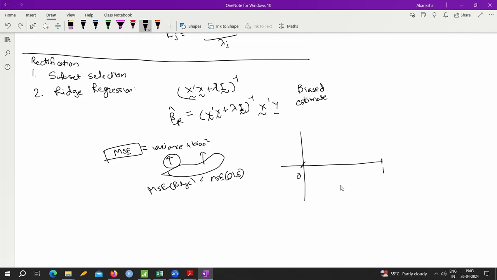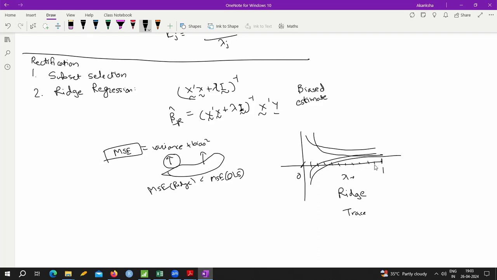And with various values of lambda, we estimate all the betas, and we plot how betas change when we change lambda. Okay. So this type of graph is known as a ridge trace. On the x-axis we have various values of lambda, and on the y-axis we have various beta hats.